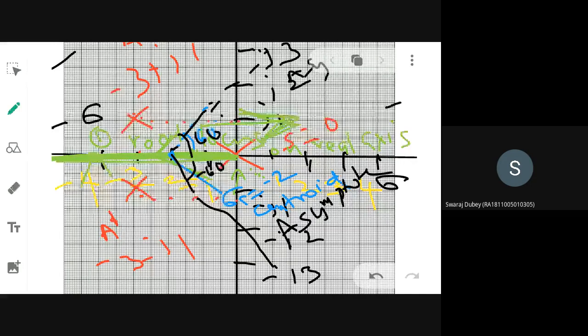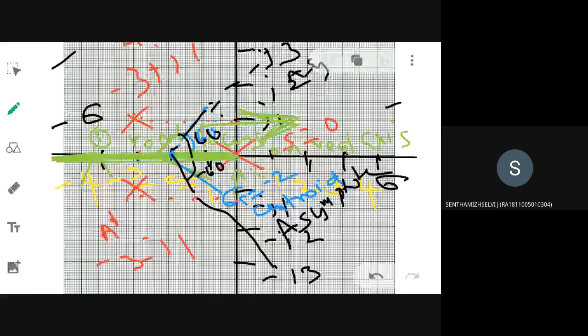If it is odd, you thicken it up by a bold line and write root locus on real axis. What is your third step? Angle of asymptotes and centroid. Mark the centroid in the graph sheet. At that centroid only you have to take the angle of asymptotes, and draw a simple dotted straight line to which the root locus branches will run parallel.